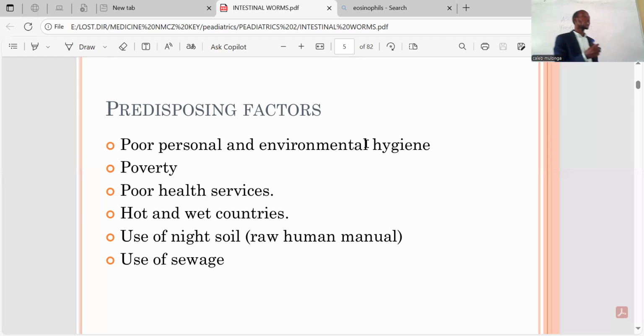The second one we said was environmental hygiene. When we talk about environmental hygiene, we're simply talking about the sanitation in our environment. So what do we mean by that? We mean things such as our toilets being kept clean. We also mean things such as disposal of waste.